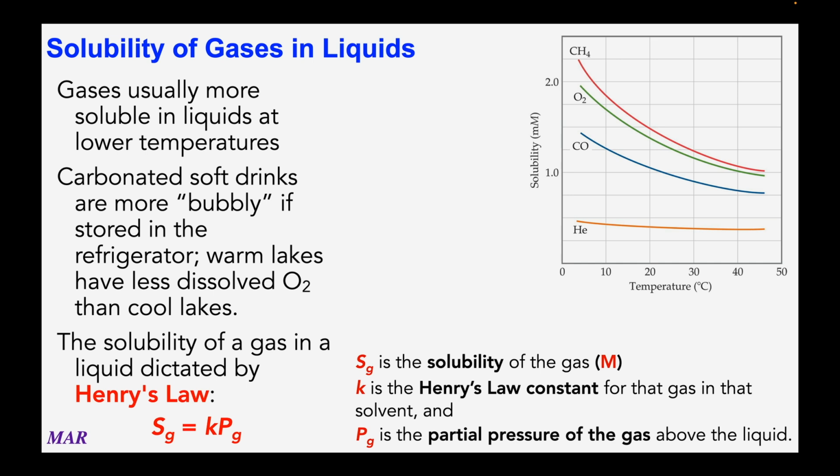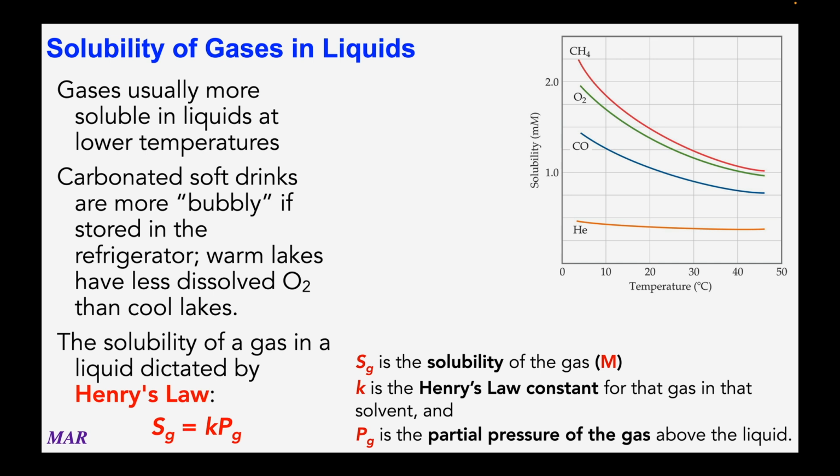So Henry's law is a mathematical relationship that talks about how soluble a gas is. Solubility, which gets the symbol capital S with a little g, is the solubility of the gas. It depends upon a Henry's law constant, which you either determine or look up in a book.